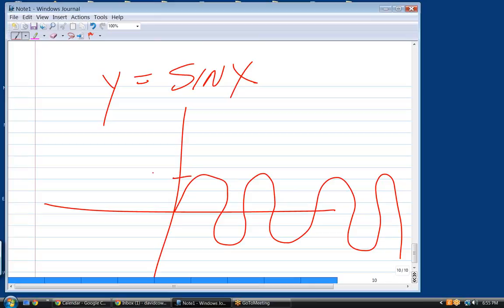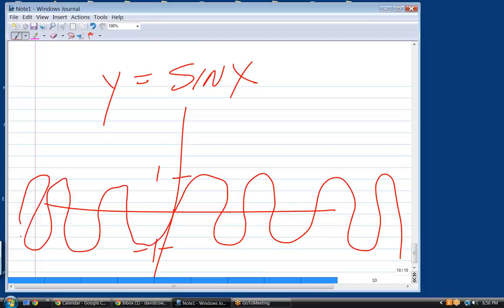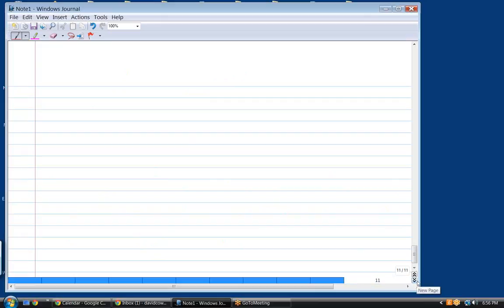It fluctuates between 1 and minus 1. So there's no right-hand end behavior, there's no left-hand end behavior. It's always fluctuating back and forth. Remember, the end behavior they're looking for is what y does as x goes to infinity on either side. None of the trig functions have end behavior.